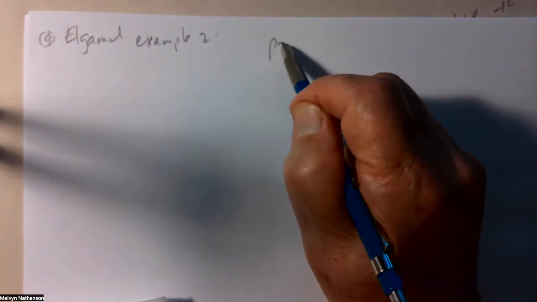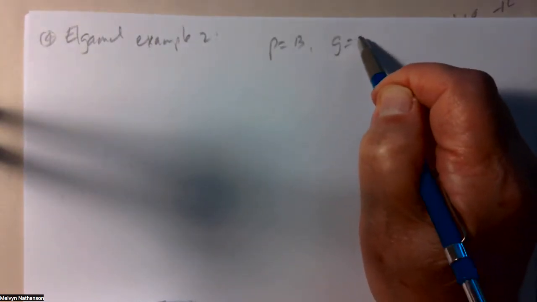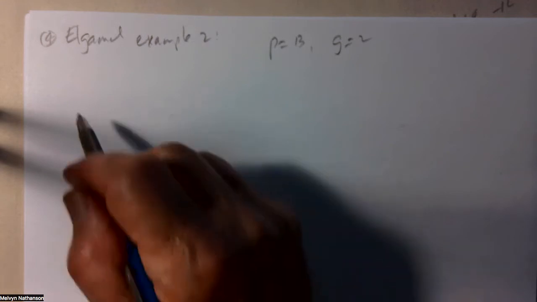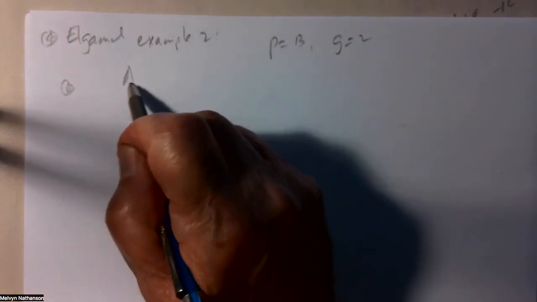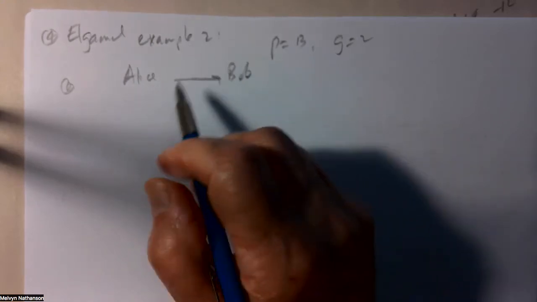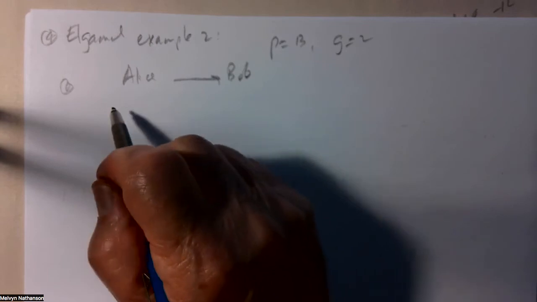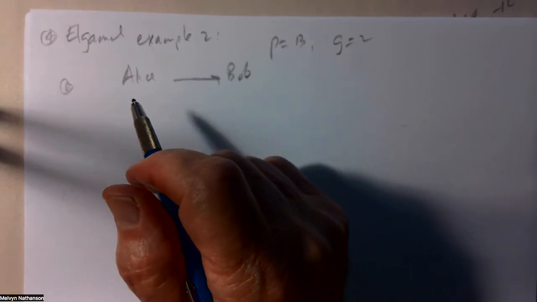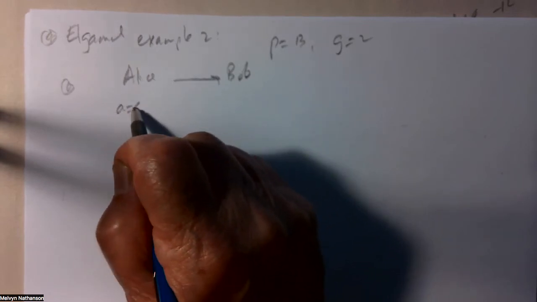So again, we start with P equal to 13, G equal to 2, and we're not going to know how everyone gets their numbers, just what's going on. How do you decrypt the message? So we're told that Alice sends Bob, and she has her secret key a equal to 4.